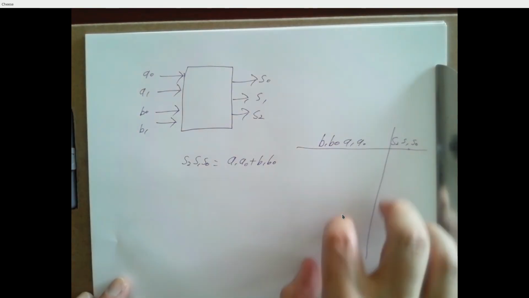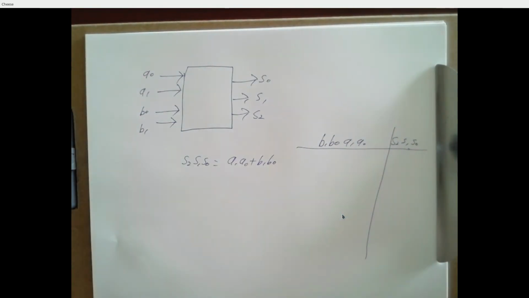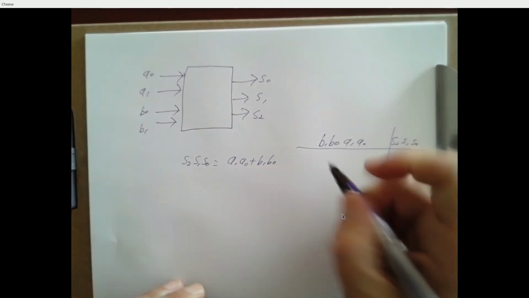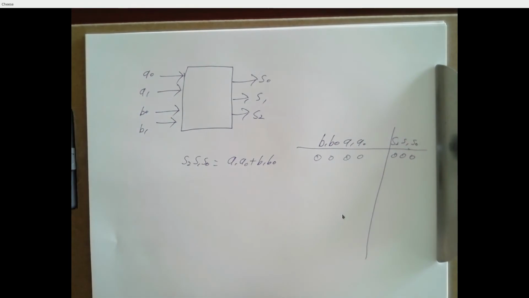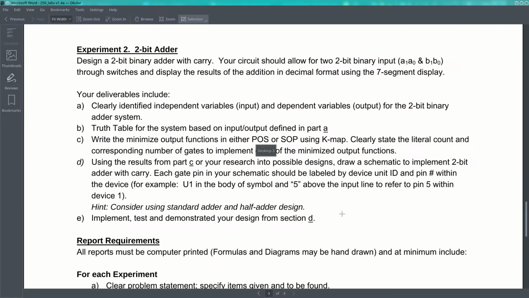How you fill this in depends on your analysis of what addition does, right? But I'll start you off. That's your first row. All right, you can do the other 15. So that's the truth table based on that.